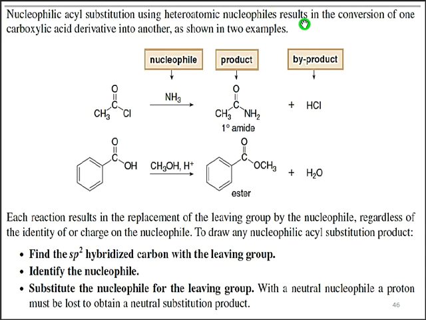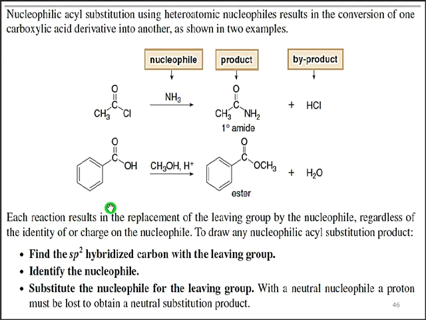The result is conversion of one carboxylic acid derivative into another. Here we have an acid chloride derivative, and the product is an amide derivative. And here we have a carboxylic acid, and the product is an ester.